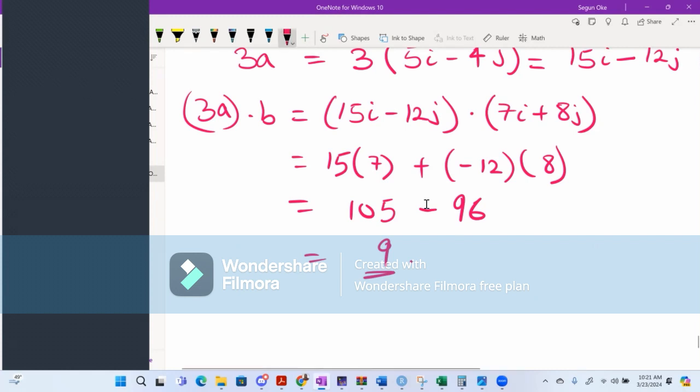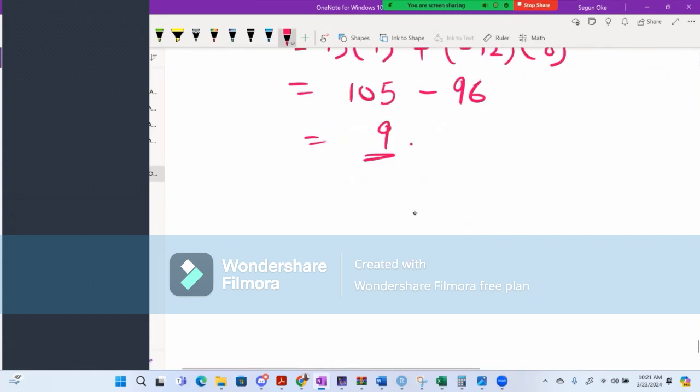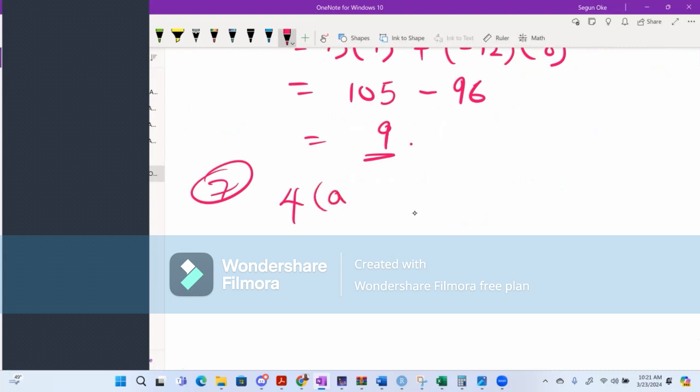For this one, let's say question 7 says, the same A, B, C that we have up there. Please solve this. 4 multiplied by A dot B. What's the answer, please?